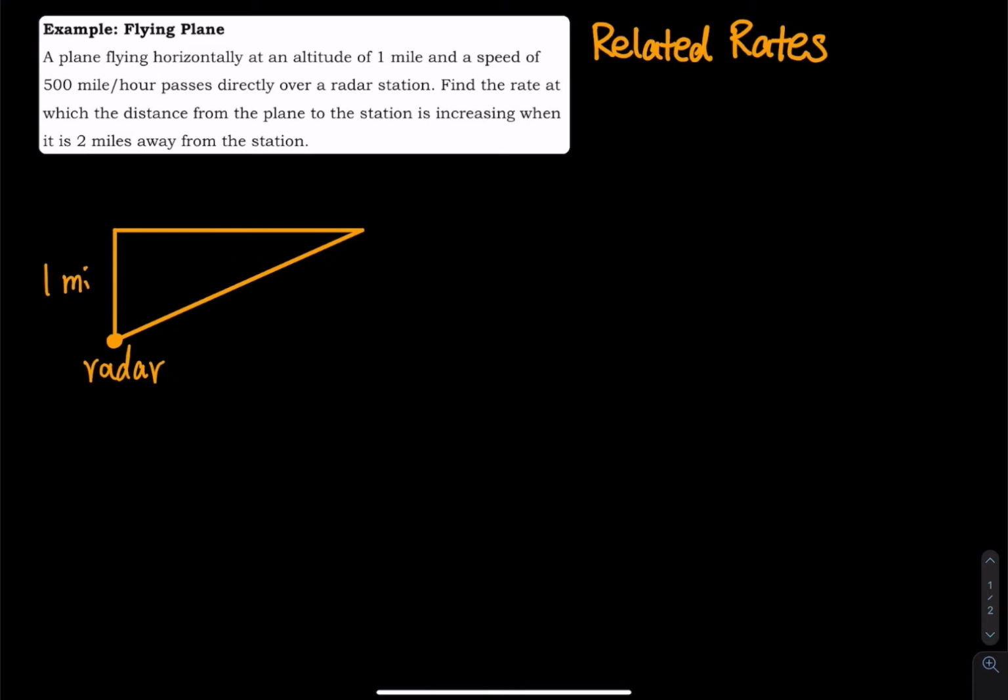So the first thing that I want to define is the time. So I'm going to let t be the time in hour. All right. And then I'm going to label this as x. So what is x? X is the horizontal distance traveled by the plane.